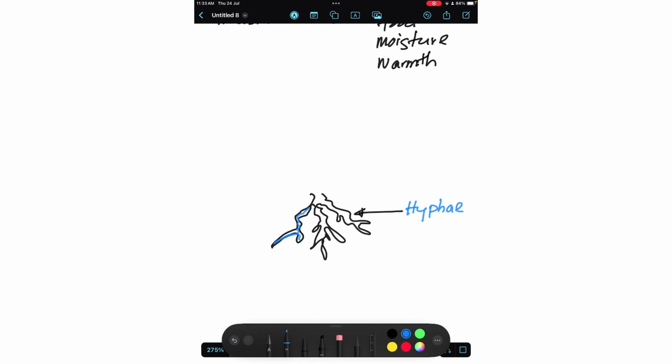Now if you look at the soil, or suppose this fungi is on a piece of bread, so this is the food. So this hyphae spreads through the substance.